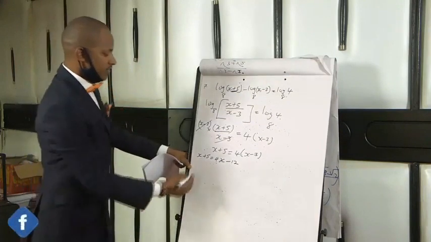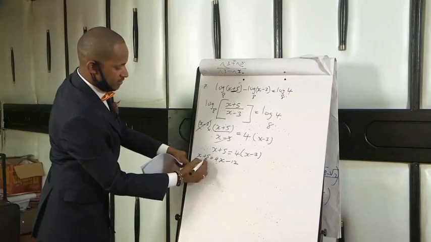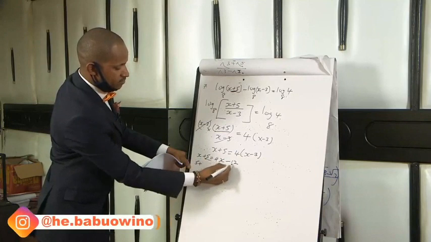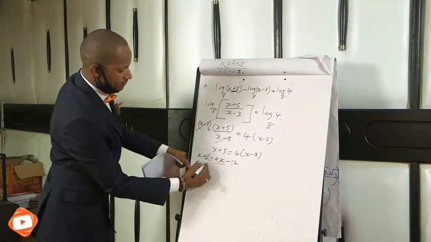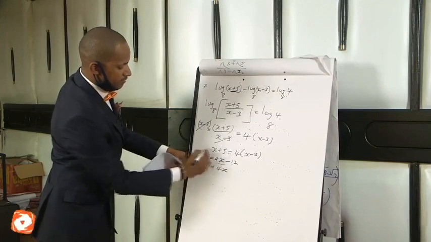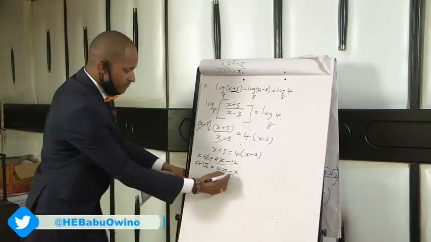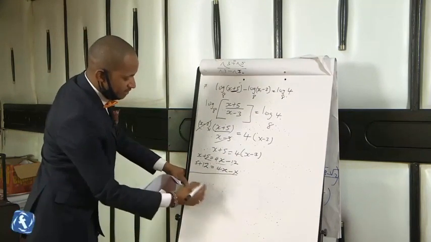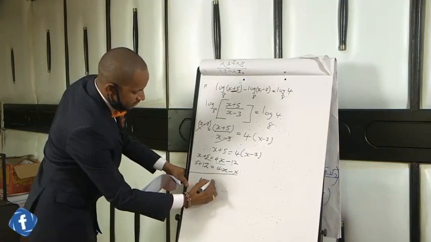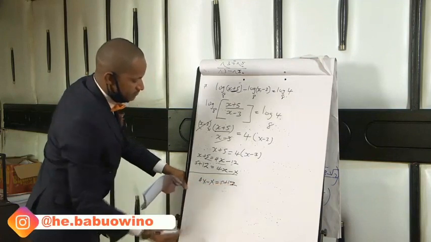Collect the like terms together. If 5 is on this side, you want to bring 12 to this side, it will become plus, because minus 12 becomes plus 12, equals 4x. Then bring x to the other side, it becomes minus x. Therefore, this equation can also be rewritten as 4x minus x equals 5 plus 12.